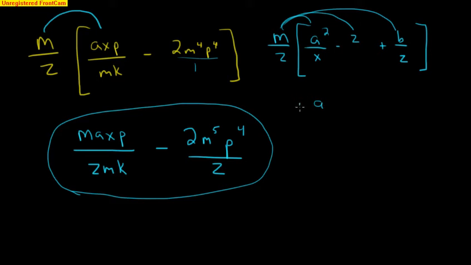You'd get m a squared over zx minus, this is like z over 1, the mz over z. That's kind of a bad example because really we'd cancel those out. Sorry about that. And bm over z squared. So we can have 3 terms is the point here.